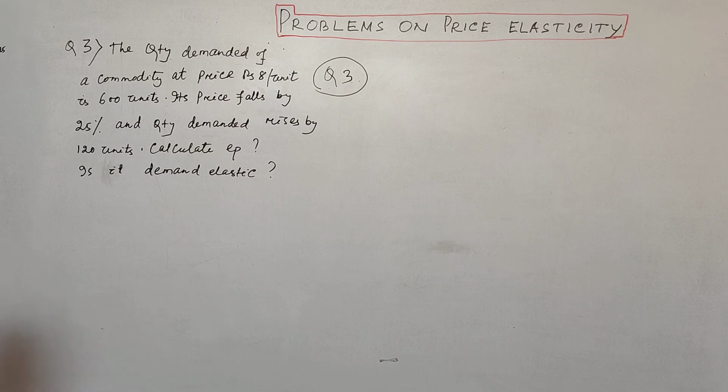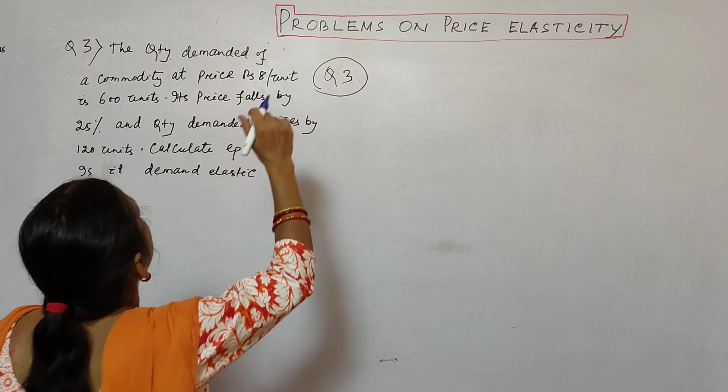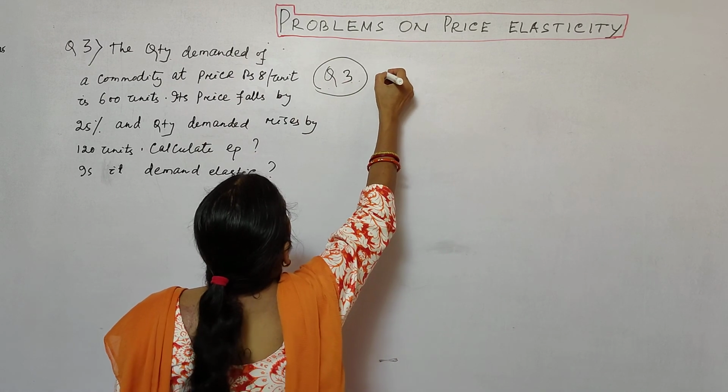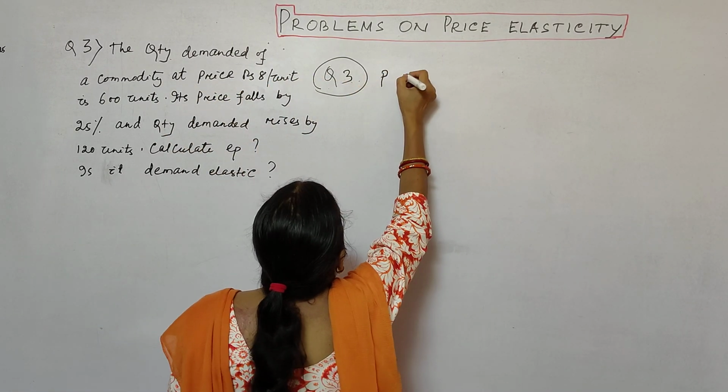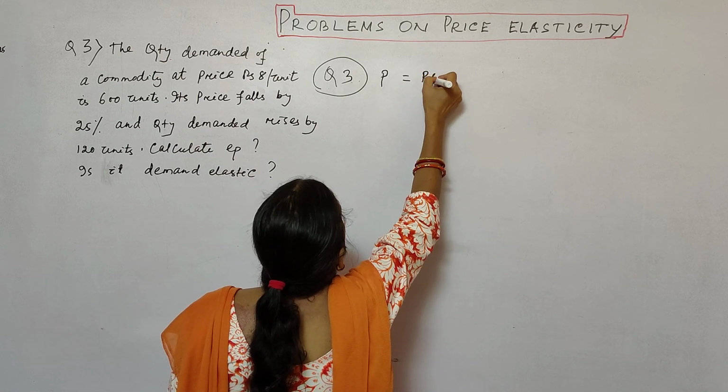Its price falls by 25% and quantity demanded rises by 120 units. Calculate EP. So what information is given to us here? Price, they have given us price P, at a price rupees 8 per unit.